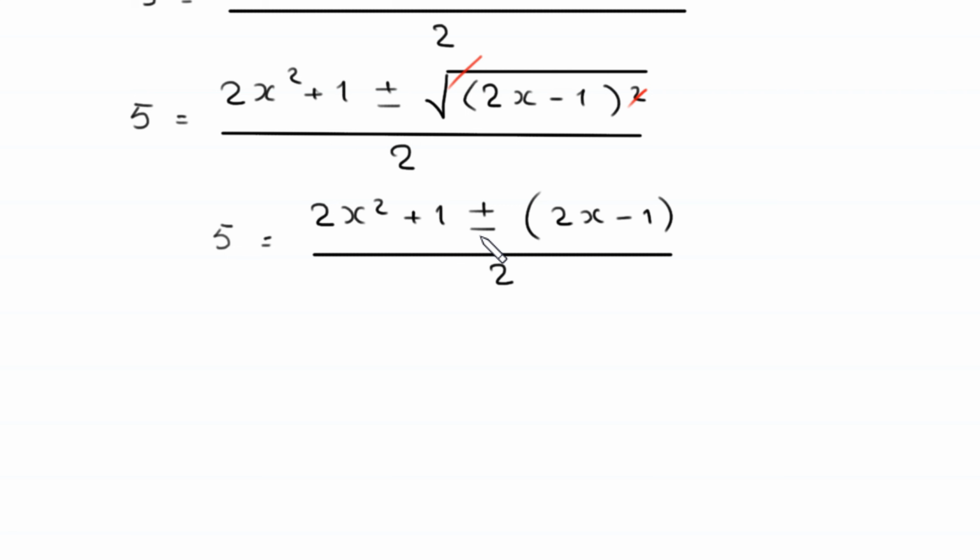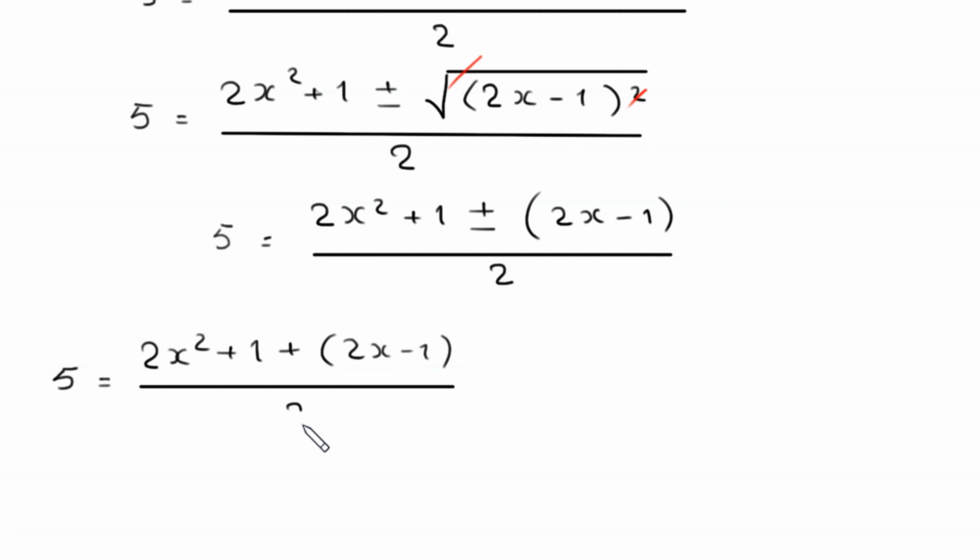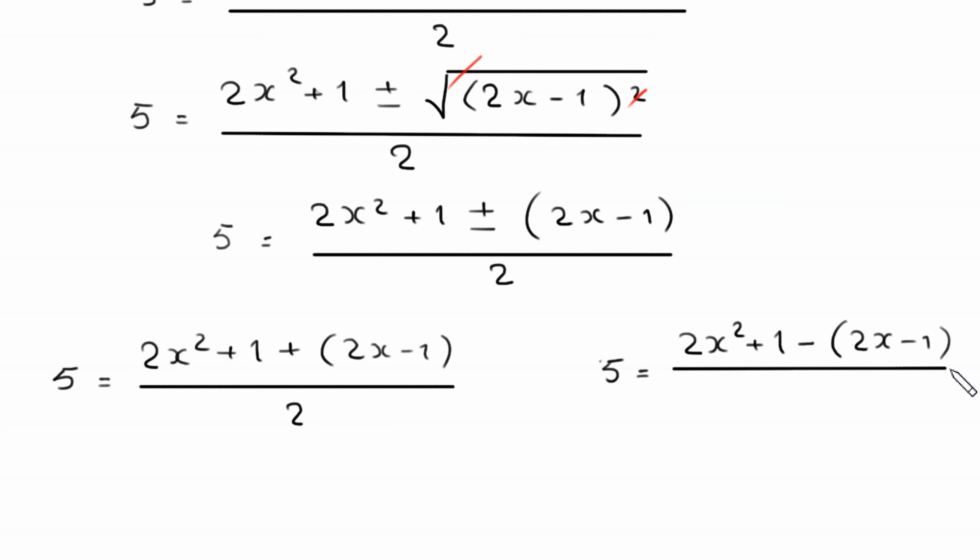Now due to this plus minus we get two equations. 5 is equal to 2x squared plus 1 plus 2x minus 1, divided by 2. In the second equation, 5 is equal to 2x squared plus 1 minus 2 times x minus 1, divided by 2.